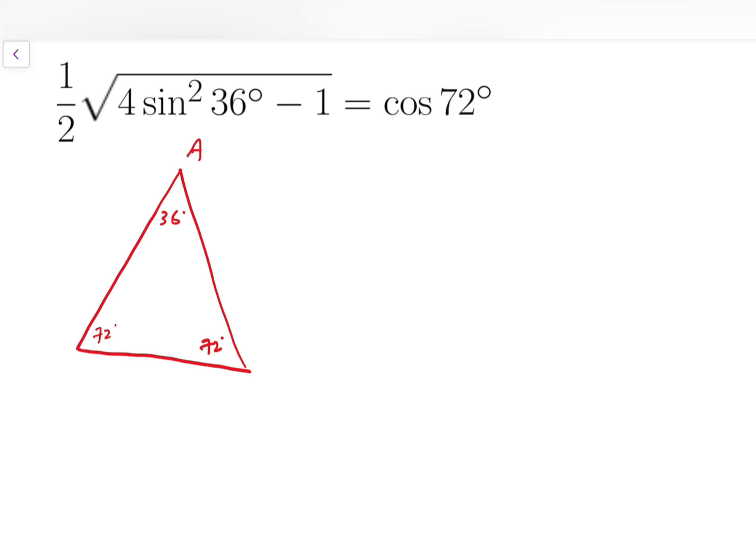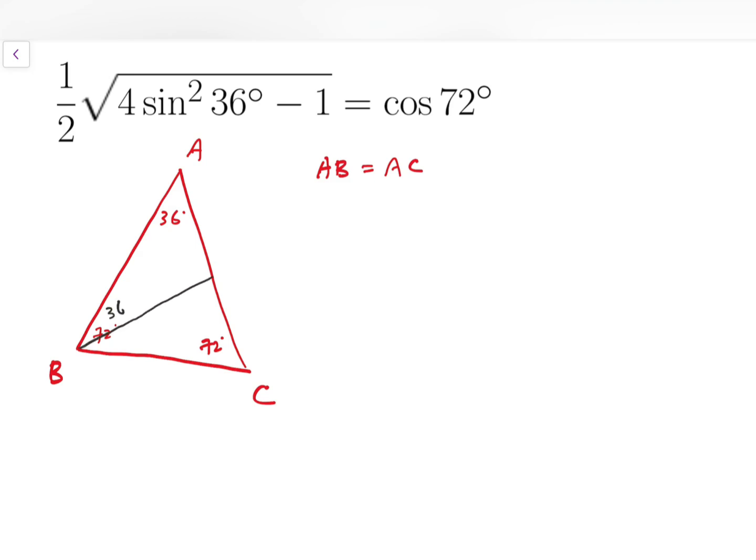Just call that ABC, usual conventions. And from this we know it's an isosceles triangle, AB equals AC. Then I'm going to draw the angle bisector on the angle B.